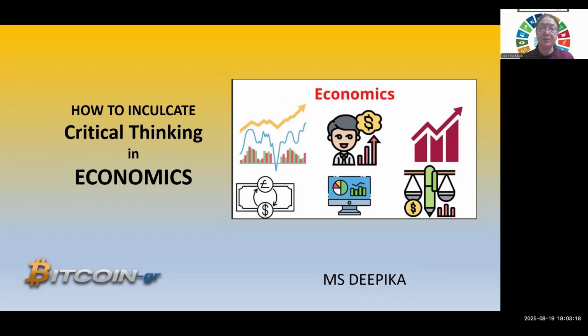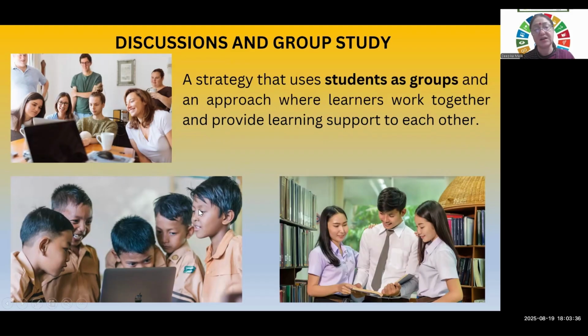When they grow up, this learning helps them a lot in tackling various issues throughout their lives. So, small examples which I'll give you through my slides, through my PPT. The examples are simple and basic examples for class 11th and 12th students, which can help them brainstorm and understand what economics is all about.